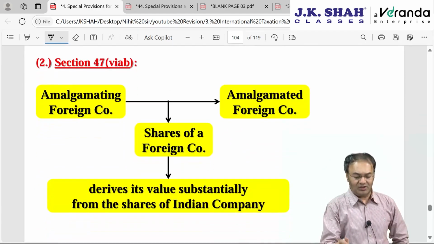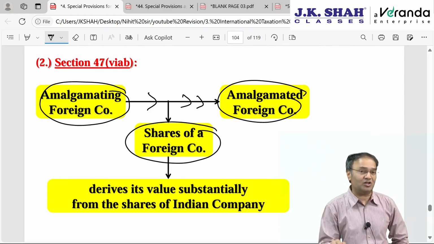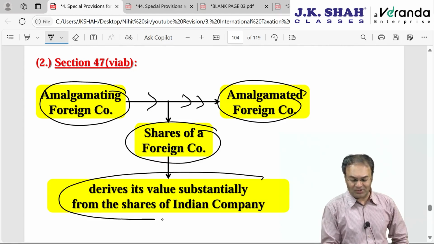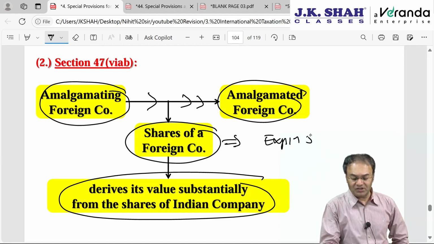Right? Same way, instead of shares of Indian company, now what is getting transferred in case of amalgamating foreign company to amalgamated foreign company is shares of another foreign company, but such a foreign company which derives its value substantially from shares of Indian company or assets in India, then that company's shares according to explanation 5, 6 and 7 to section 9(1)(i) will be deemed to be located in India.